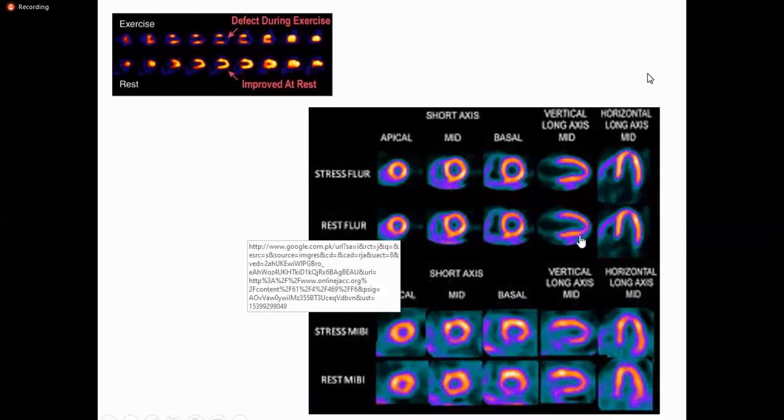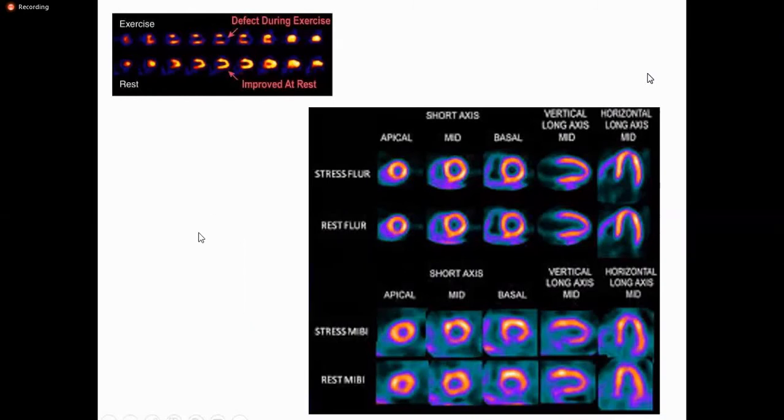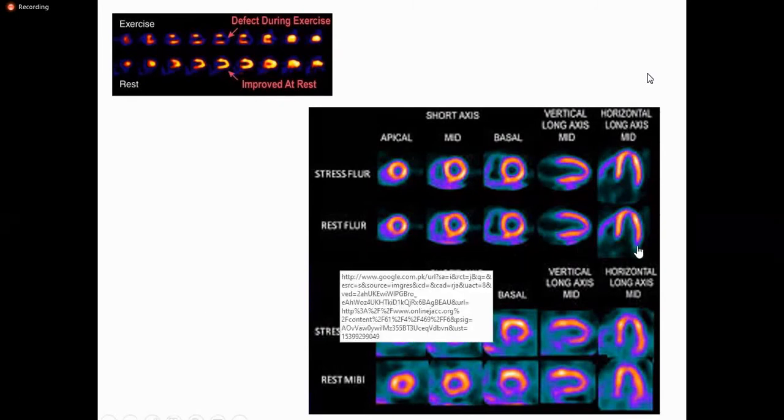If there is any deficiency after exercise, that shows stress-inducible ischemia at that part. And this is the indication that the patient has coronary artery disease. So thallium scanning is widely used, but this is basically invasive, and the patient is injected with the radioisotope.